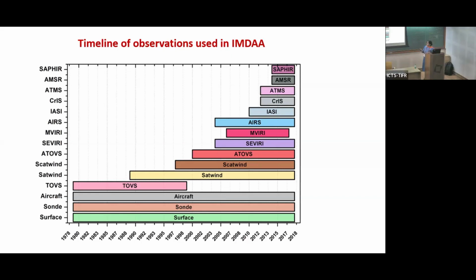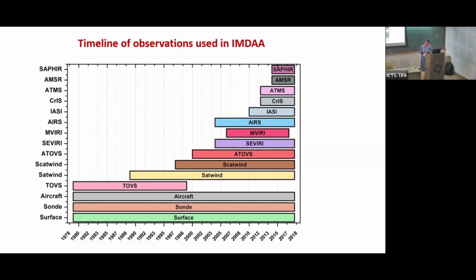Then ATOVS, whenever the radiances became operational, we started using that data also. These three hyperspectral instruments we use. MVIRI and SEVIRI are multispectral in the geostationary orbit, and ATOVS is in the polar satellite, and AIRS, IASI, CrIS are also in the polar satellite. Then after that we introduced ATMS, AMSR and SAPHIR.